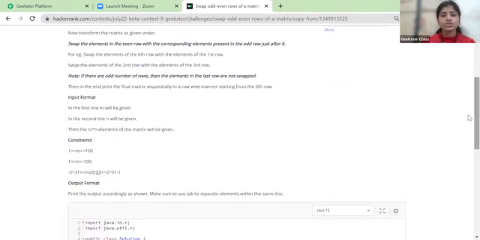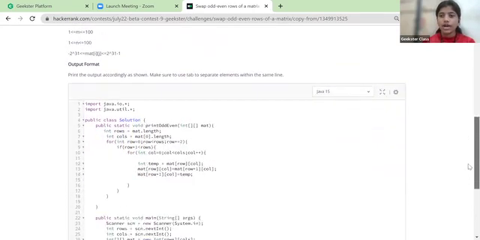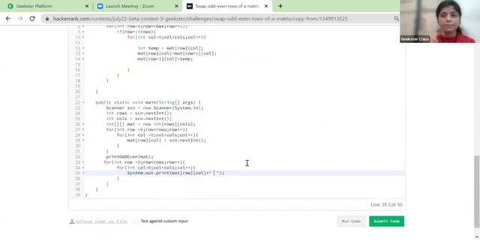Print, हाँ, make sure to use tabs to separate elements within the same line. ये लिखा है ना? तो you have to take tab spaces. तो line number जहाँ पे आप print करा रहे हो, यहाँ पर \t लिख दीजिए. And also you need to change the line, right? Line को change भी करना है.